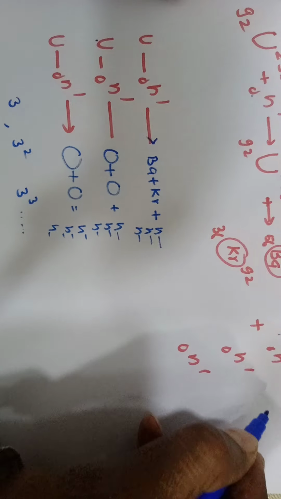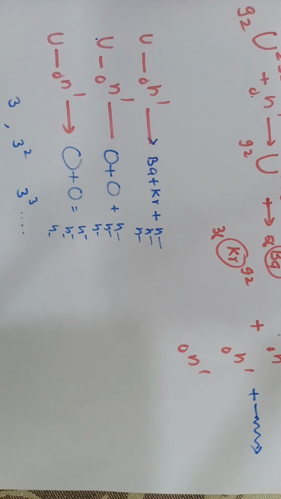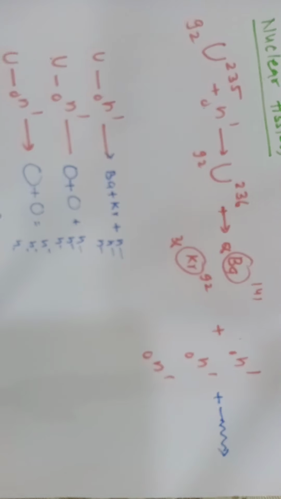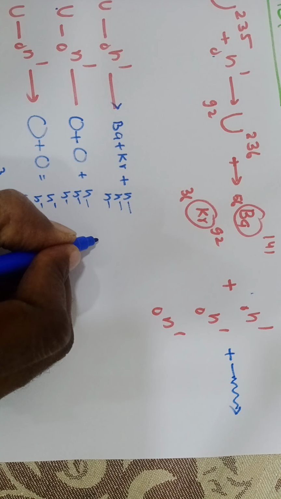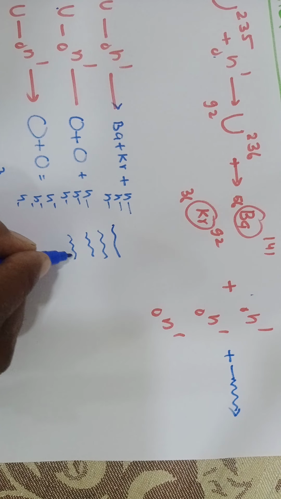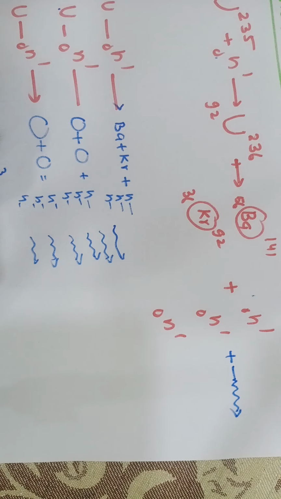In each process some amount of energy is released. When a large number of neutrons are released and energy is released in an uncontrolled chain reaction, the energy is released in an uncontrolled manner, and then we get the nuclear bomb.